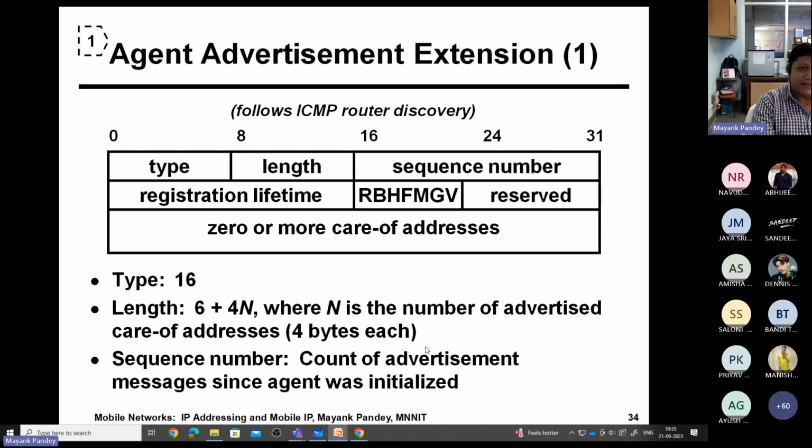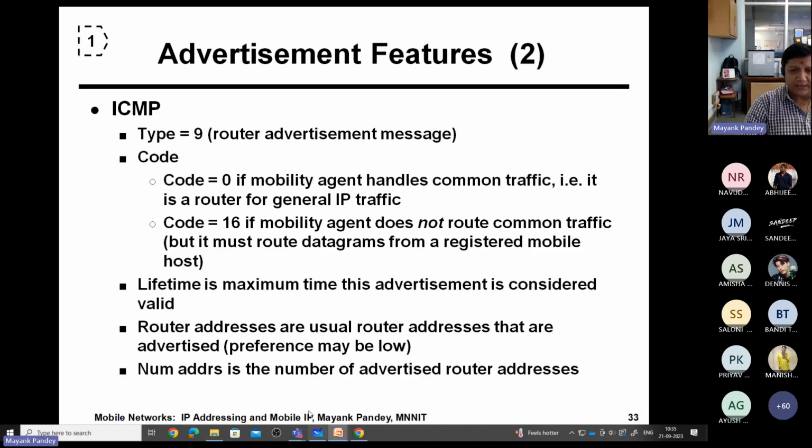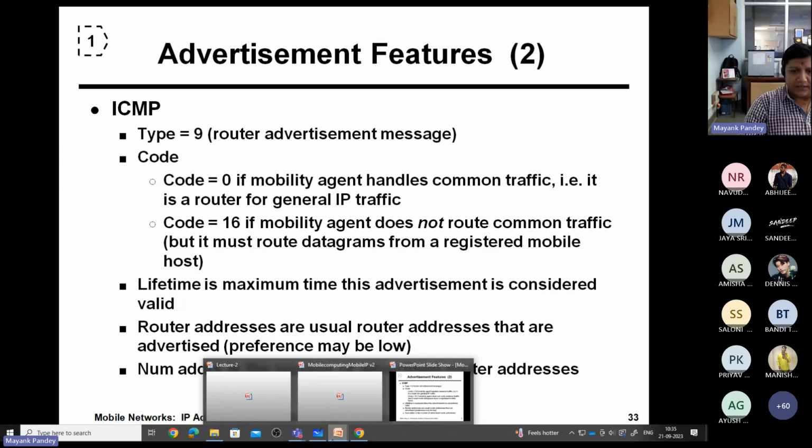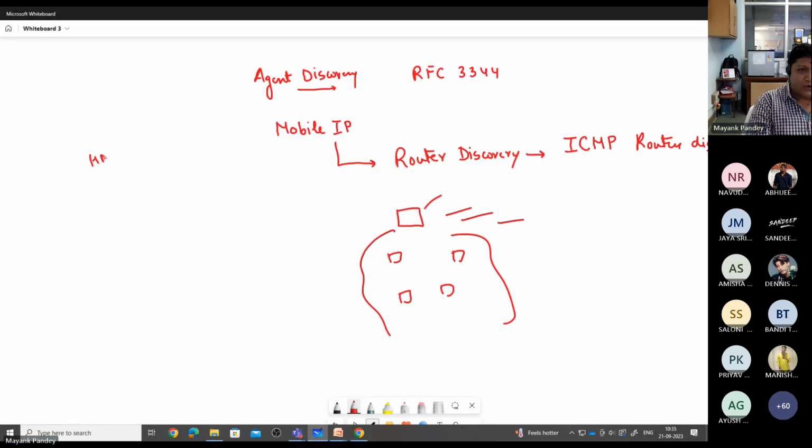So what is getting done? Whoever is taking responsibility of home agent or foreign agent is generally a router. So it periodically sends the agent advertisement. Normally, wherever mobile IP is implemented, a single router would have interfaces for home agent and foreign agent.